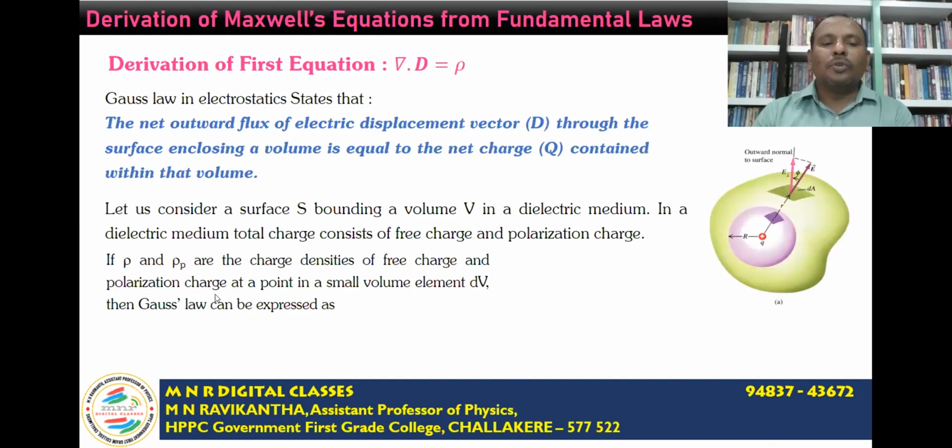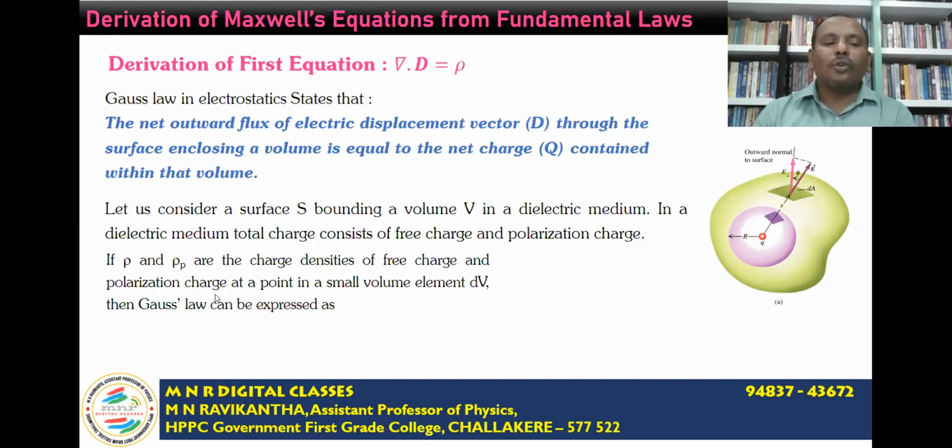Now, to prove the first equation from this Gauss law statement, let us consider a surface S bounding a volume V in a dielectric medium. We know that in a dielectric medium, the total charge is equal to the sum of free charge and polarization charge.